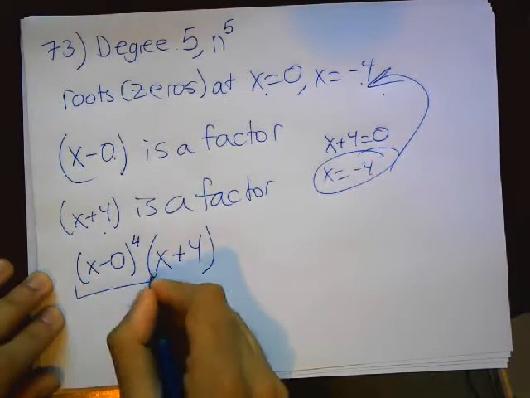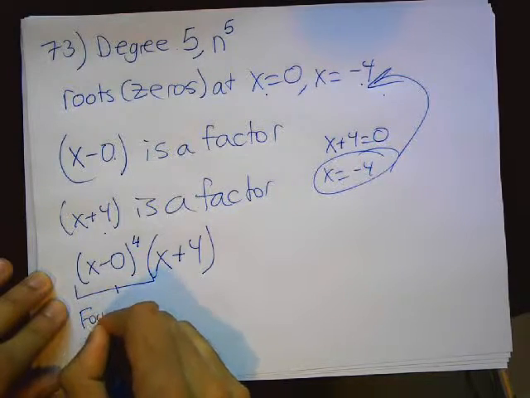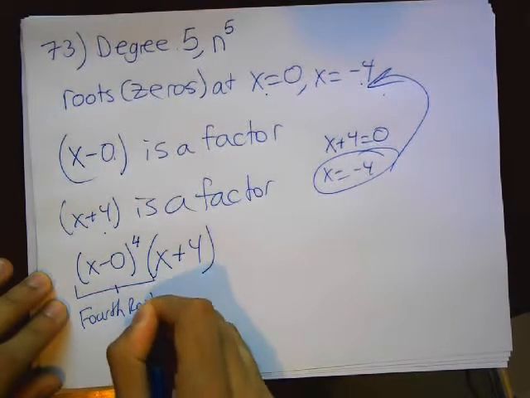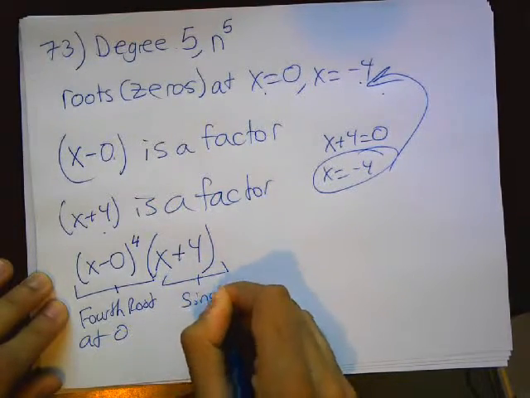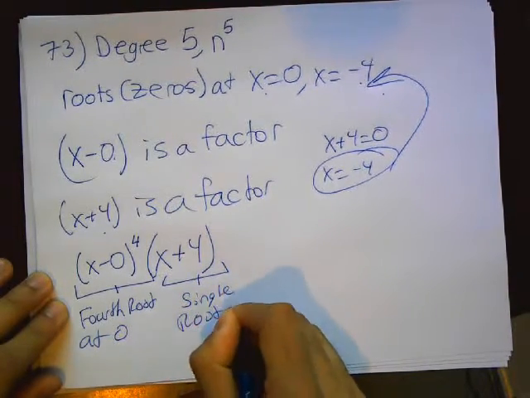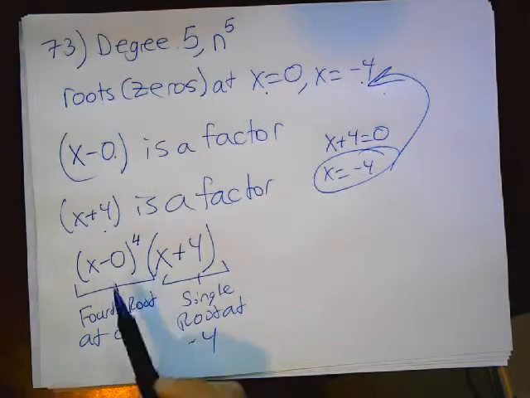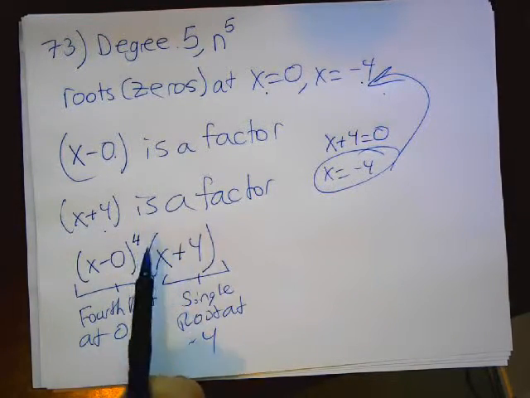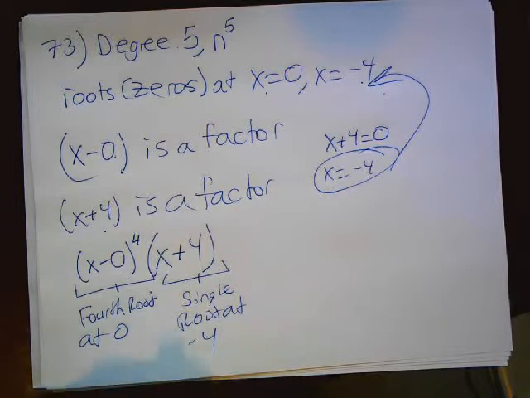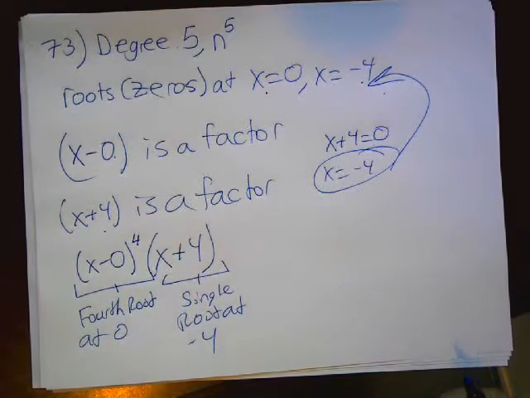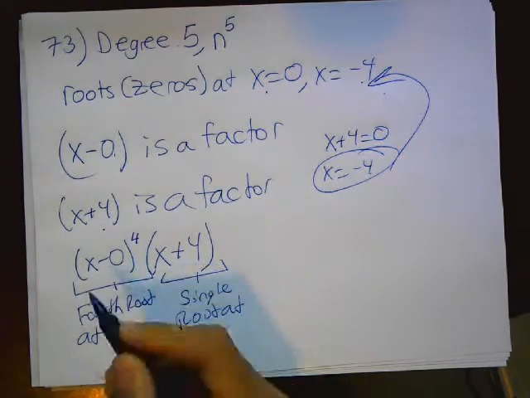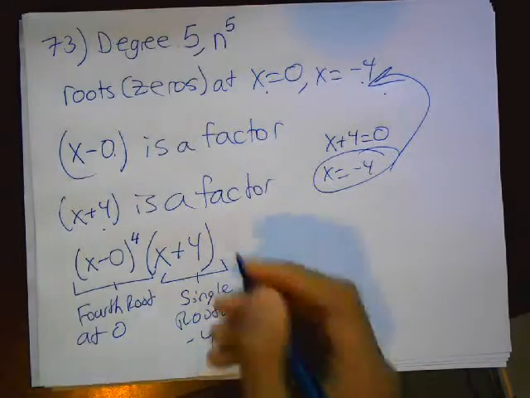What this says is there is a 4th root at 0 and a single root at -4. During pre-cal, we talked about roots of multiplicity, so like a single root, double root, triple root, 4th root, and so on. It just changes a little bit of what the graph looks like, but it still maintains the root at 0.